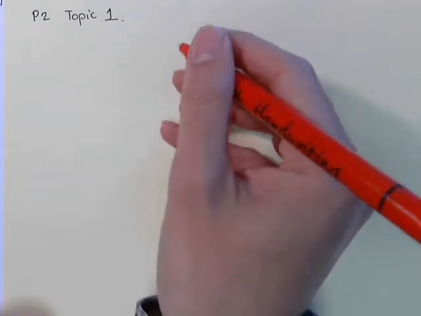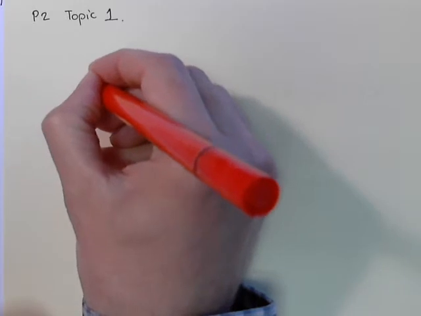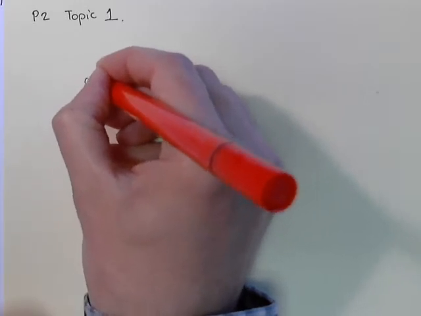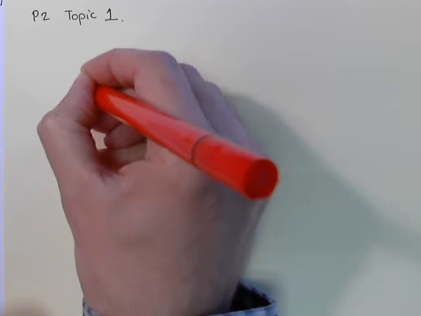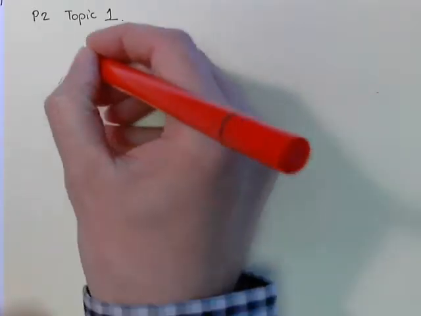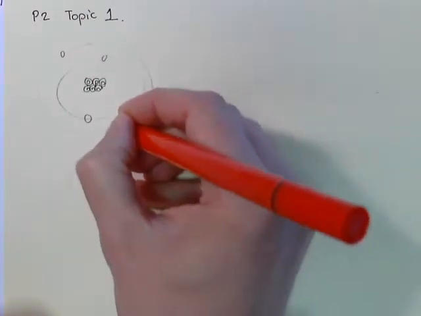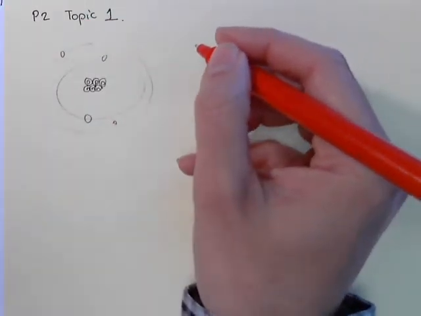As you have to do in many other subjects, first of all, you've got to talk about the atom. You've got to know that the protons and the neutrons are found in the center of the atom, the nucleus, and that electrons circulate in different energy shells around the nucleus.